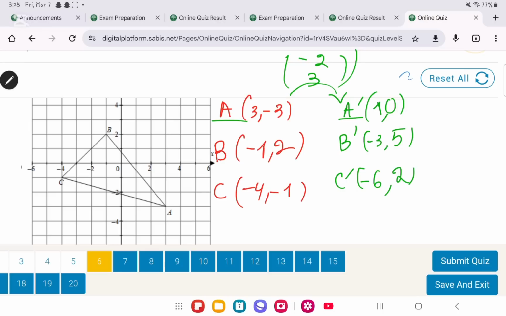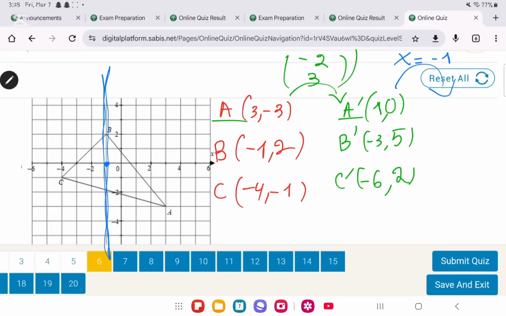Now, the second transformation is a little bit tricky. They told us it's a reflection about x equals minus 1. What does it mean when they say x equals minus 1? Very simply, x equals minus 1 is over here, but you highlight the full line.